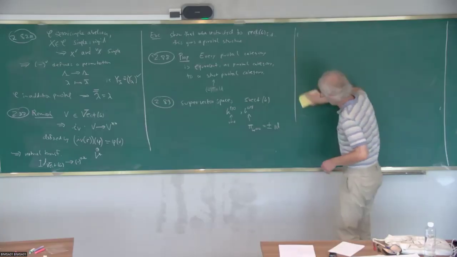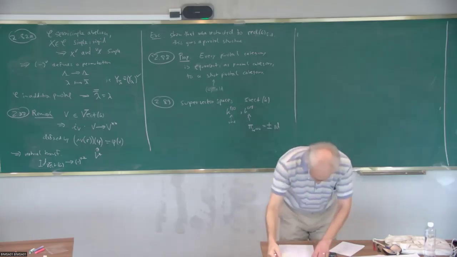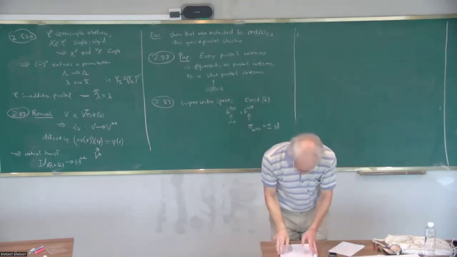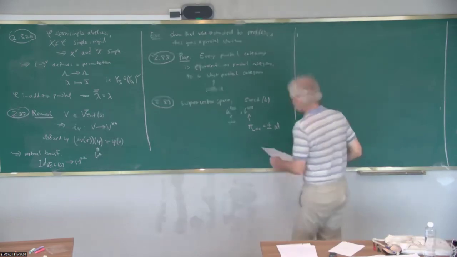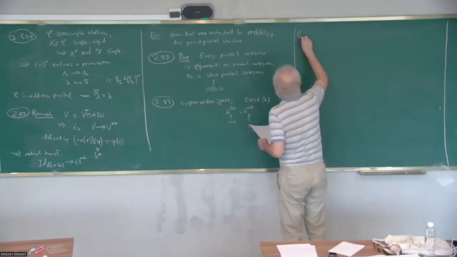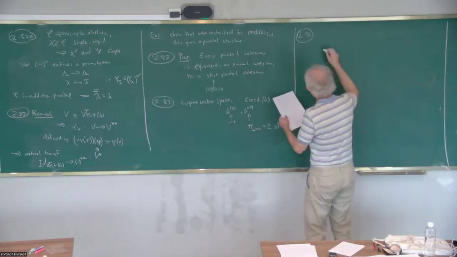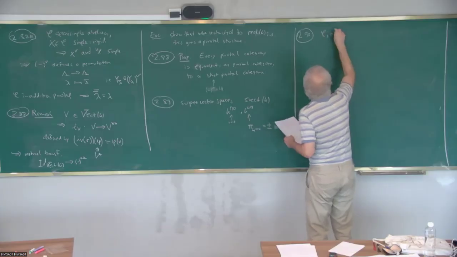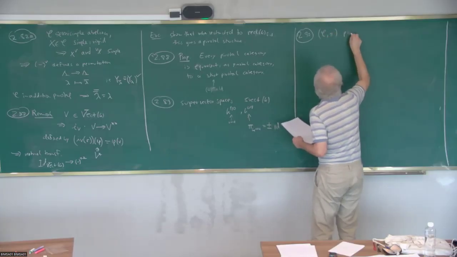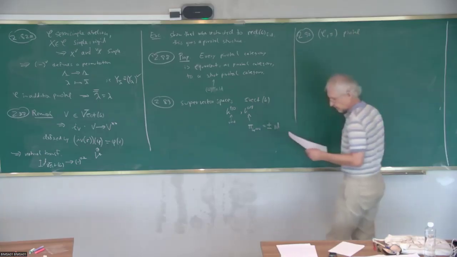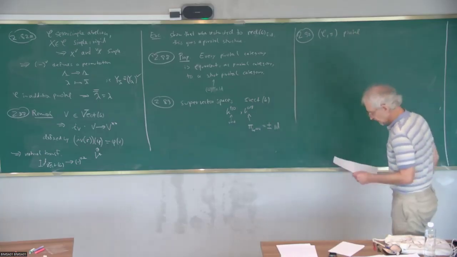And the reason for that is that we need pivotality in order to define that. So if we have a pivotal category, then we can make the following definitions. Say C is a pivotal category with pivotal structure pi.